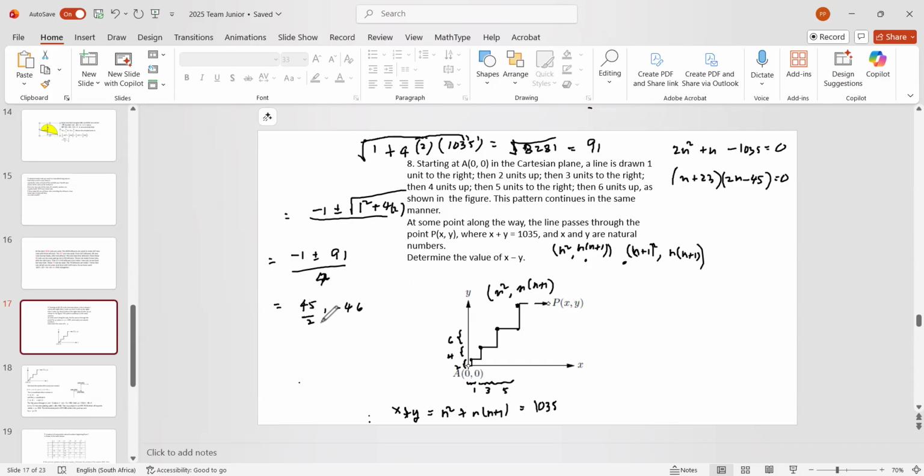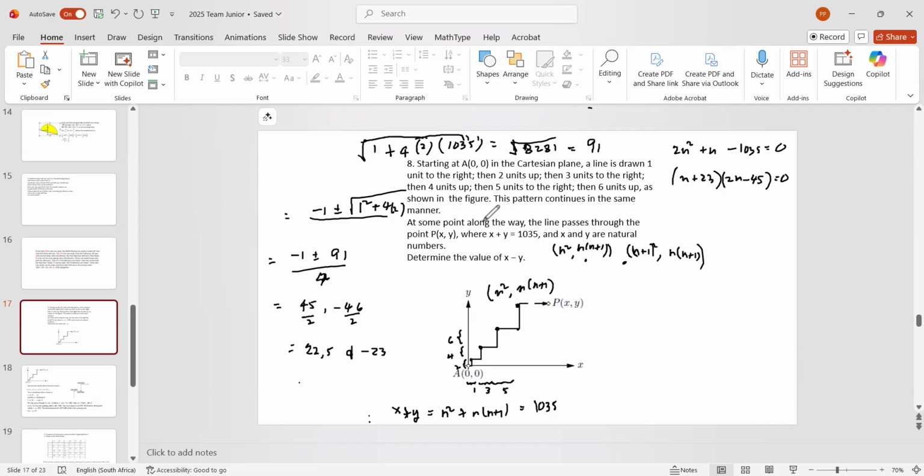So it's 45 over 2 and minus 23. Now you'll see neither of these ends are suitable here because this n is going to be a counting number. So you'll say, what happened now? N is supposed to be a counting number, and you got a negative number which is not allowed, and you got this 22 and a half here, right?